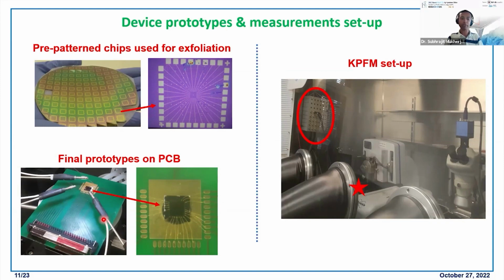Then we mount this PCB board in our AFM setup, which is inside a glove box to avoid atmospheric degradation of the 2D material. You can see this circular area, where there are electrical connectors, connected through the SPA from the outside. In this way, we apply the electric field through the source, drain and also the gate terminal, and we can measure the surface potential of the devices.